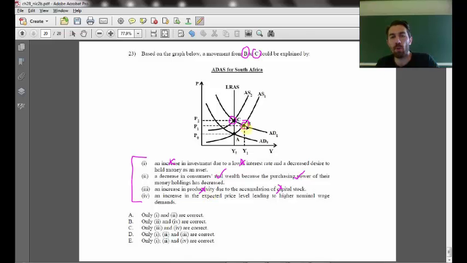So if we're at point B, then yes, we're probably going to start expecting the price level to be increasing, and we're going to start demanding higher nominal wages. That looks pretty good. So we've got 2 and 4. Now we hope for a 2 and a 4. No, that looks good. 2 and a 4.